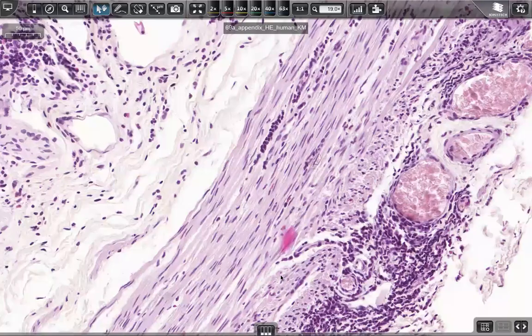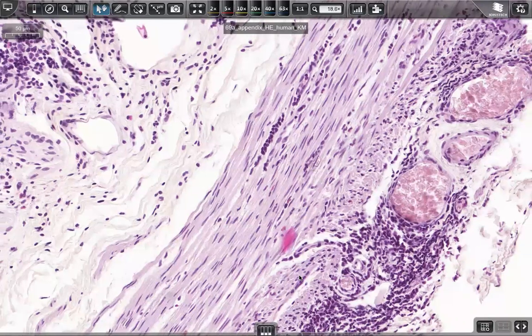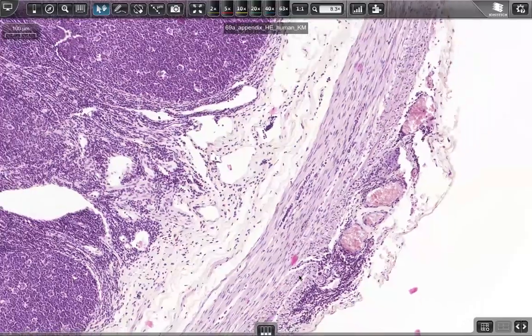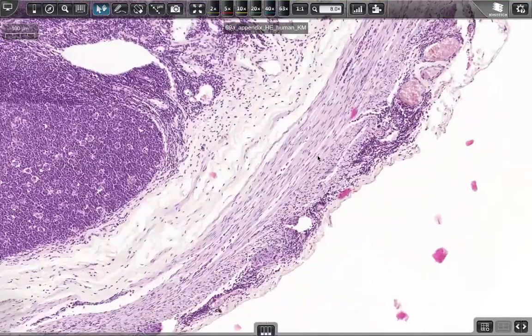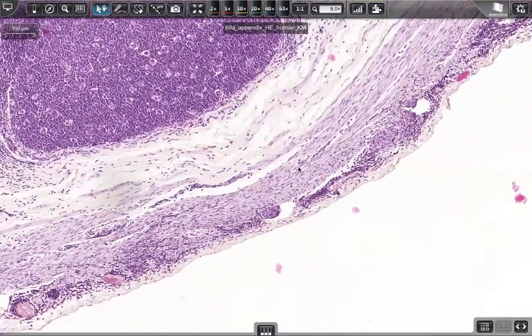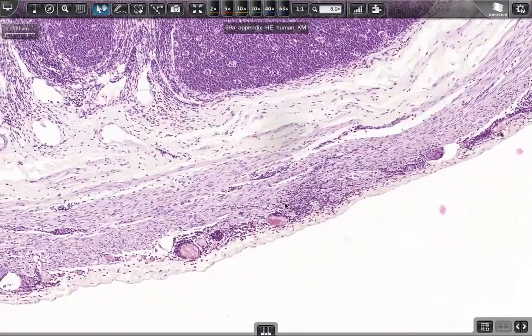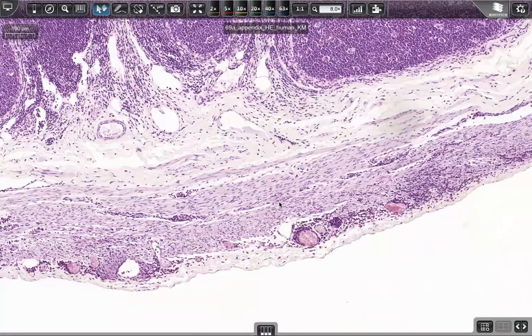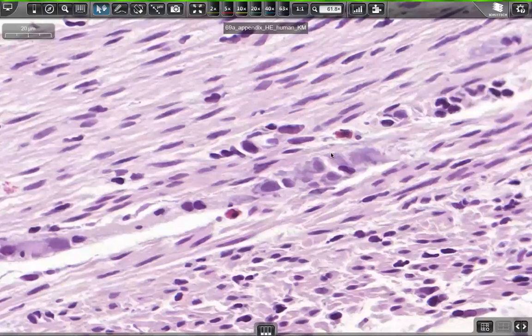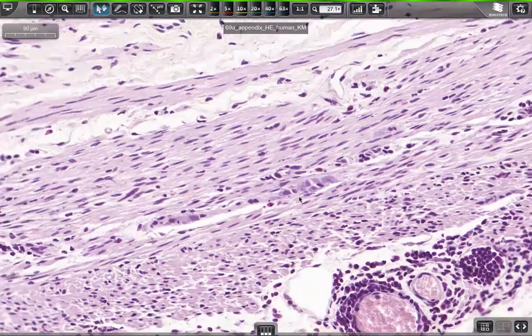That's the outer longitudinal layer. And between them we can find the Auerbach plexuses, but because of the thin wall, maybe here, yes, it's a little bit difficult to find them. So there is the myenteric plexus here, also innervating the two layers of the muscularis externa.